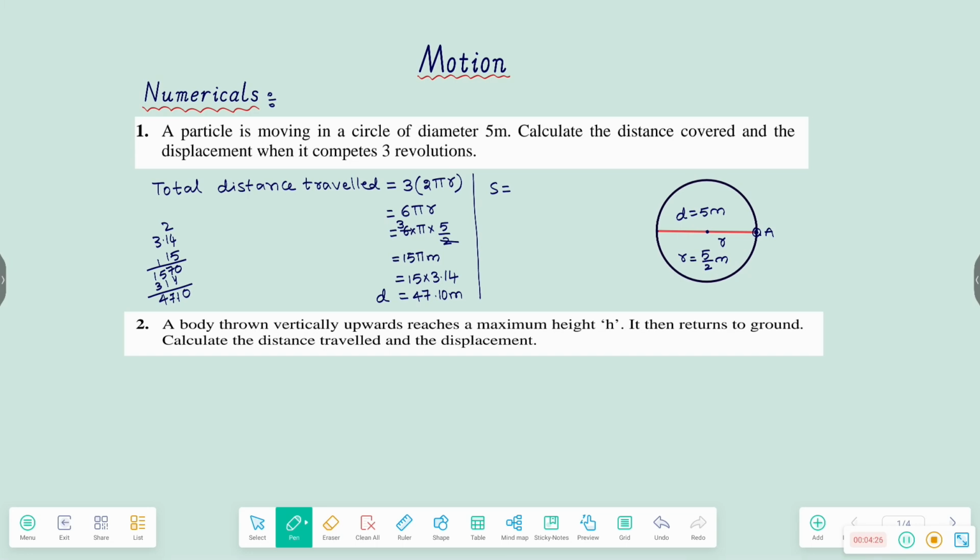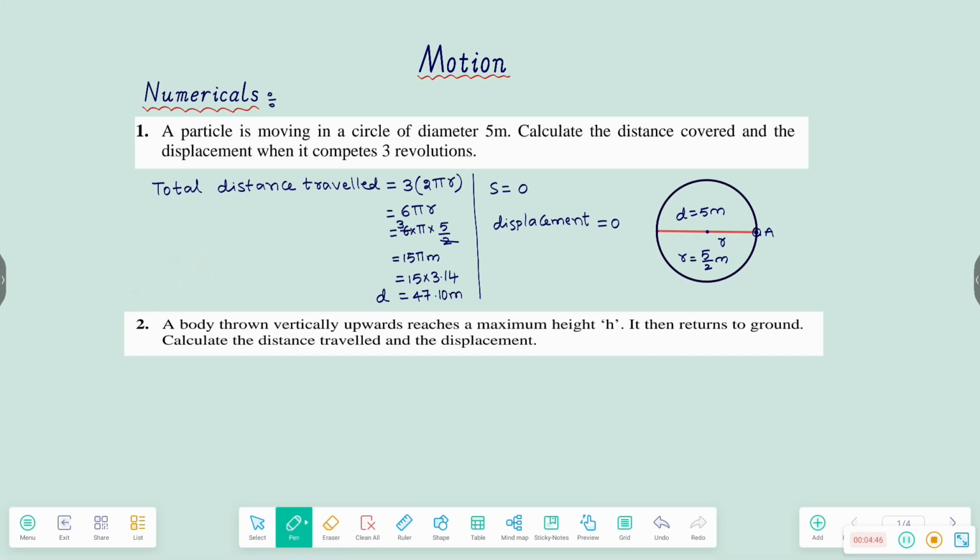Even after 3 revolutions he will be at the same point where he started. So there is no distance between the initial point and the final point. Whenever the initial point and final point coincide, the displacement is 0. So here also displacement is 0 because he reaches the same point where he started. Distance is 47.10 meters. Hope you understood this solution.